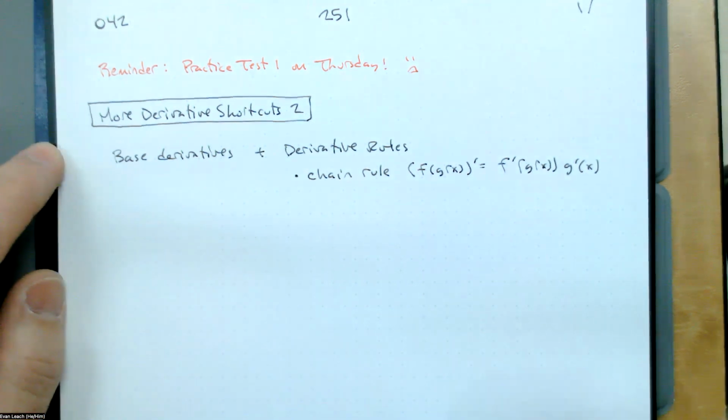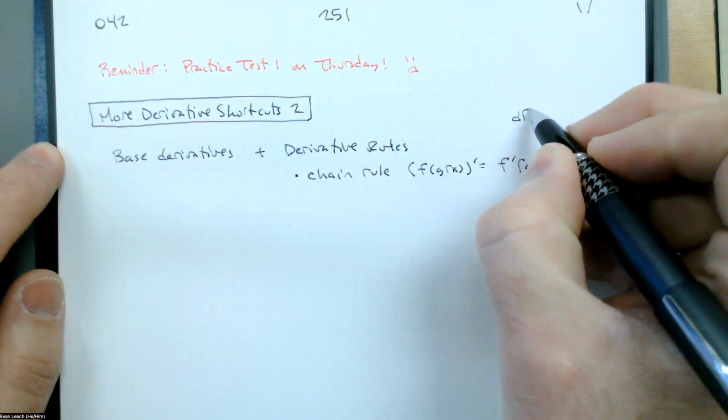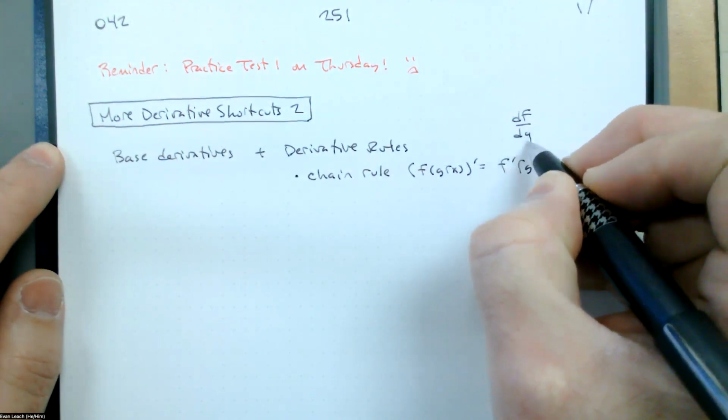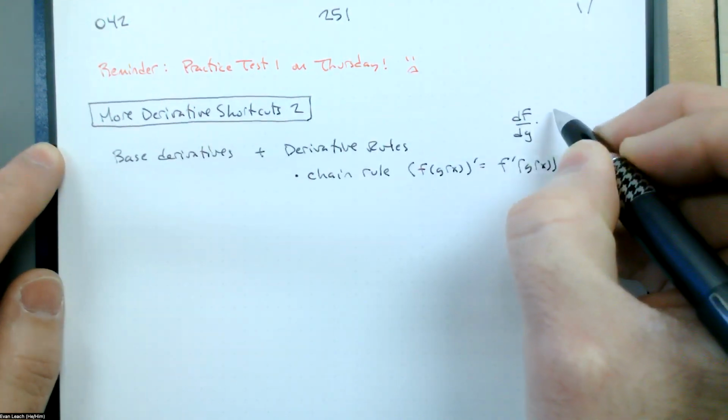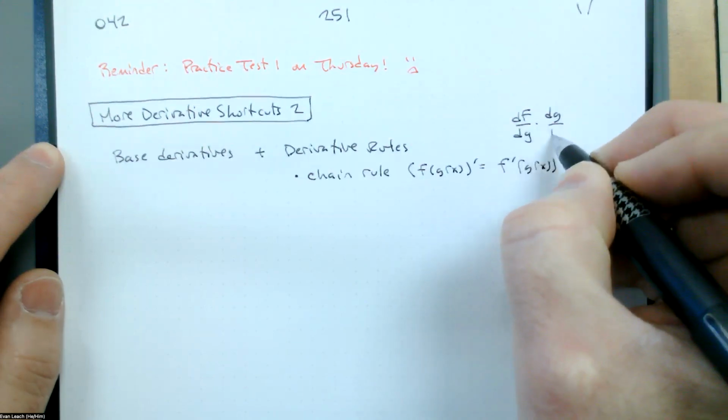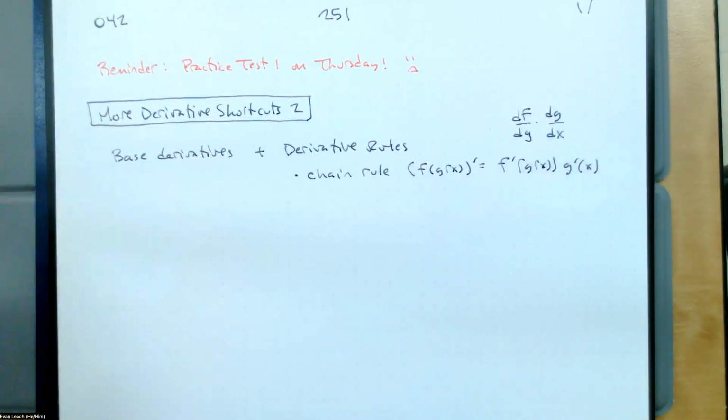In Leibniz notation, we might write df dg, the derivative of f with respect to g times the derivative of g with respect to x. Keep in mind, I didn't prove this rule. I just stated this rule. Proof by authority. Trust me, this is how it works.